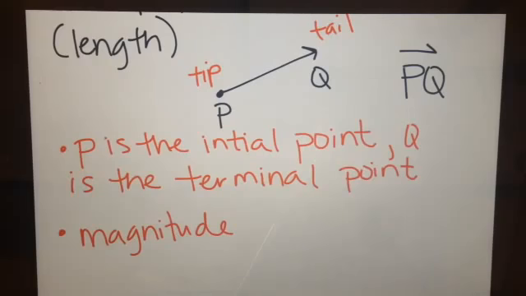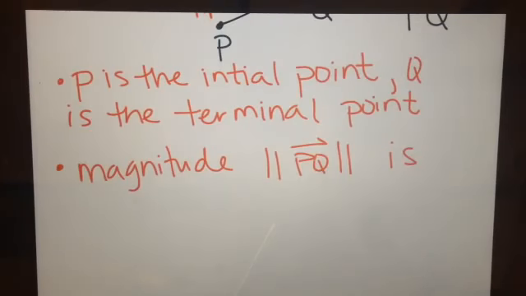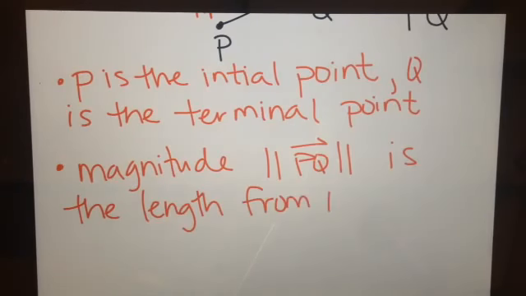Okay, so the magnitude of the vector you write this way. And I don't know what the two lines mean, to be honest. They're not absolute value, it's just how we write magnitude, but I'm not sure where that came from. If you want to know, I can maybe try to look it up for you. So the magnitude of vector PQ is the length from P to Q.